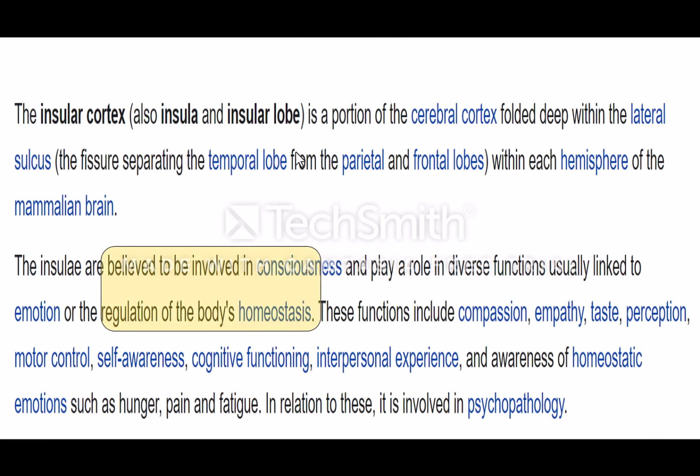So just a brief extract from Wikipedia. The insular cortex is a portion of the cerebral cortex folded deep within the lateral sulcus, which is the fissure separating the temporal lobe from the parietal and frontal lobes within each hemisphere of the mammalian brain. The insulae, that's plural for insula, are believed to be involved in consciousness.